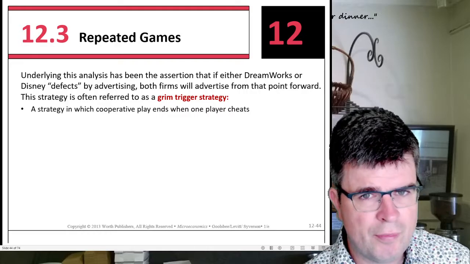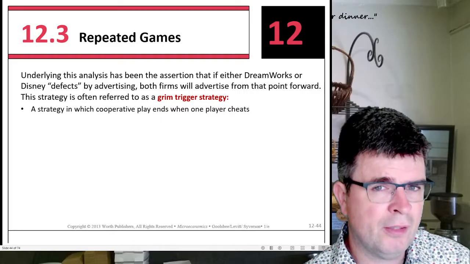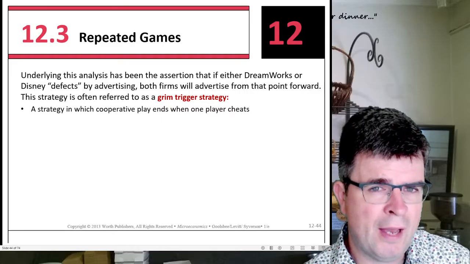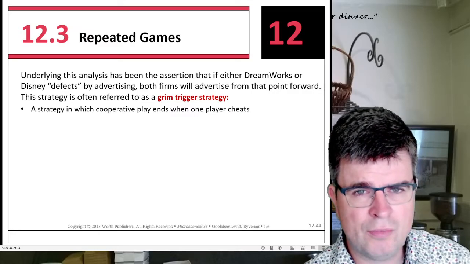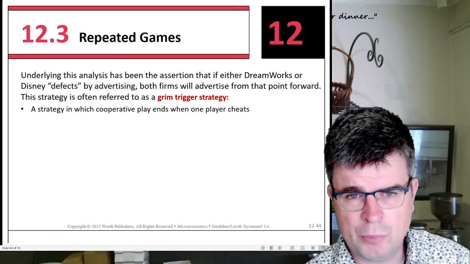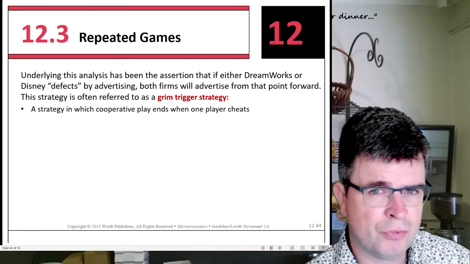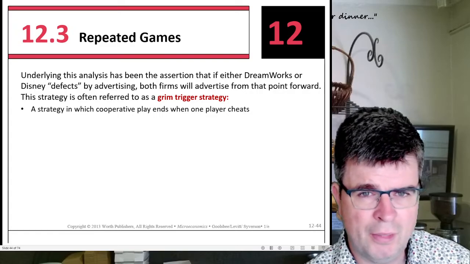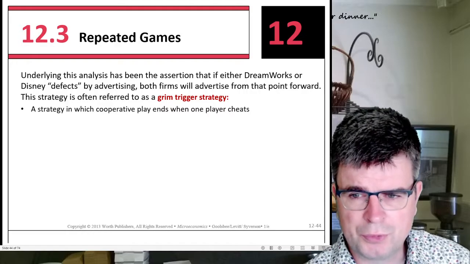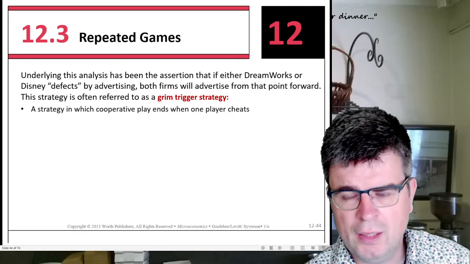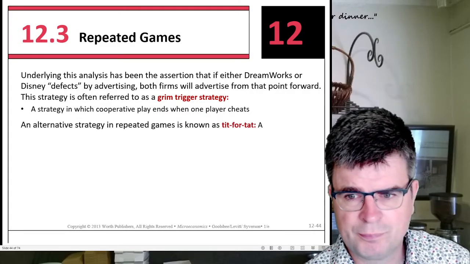So that is a very harsh strategy that prescribes that, okay, if I observe my opponent ever to deviate from the strategy to not advertise, and I observe the firm to advertise once, then I will also advertise forever after. And I will never return to not advertising. So that's a quite forceful strategy. And cooperative play will end as soon as one of the players defects.